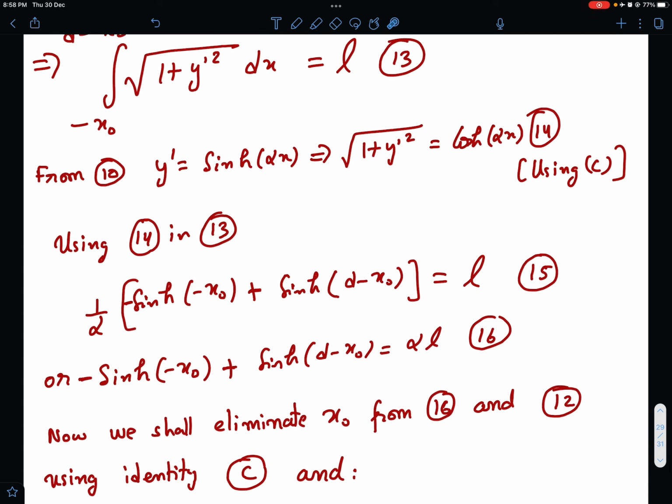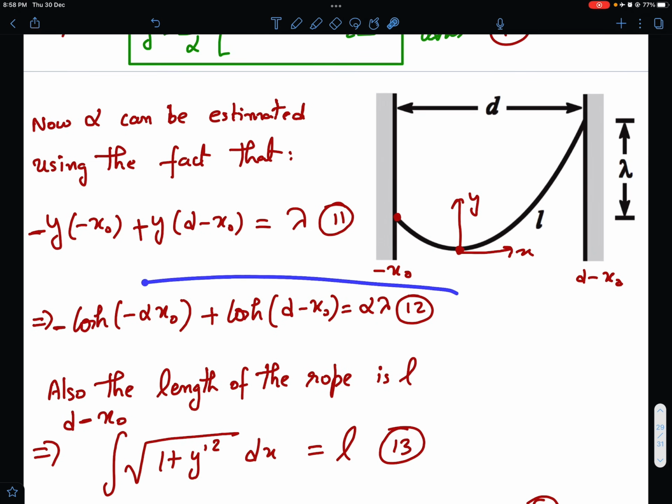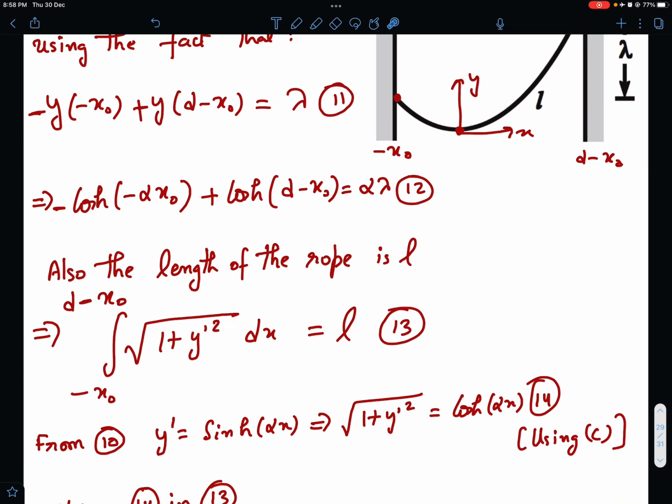Now I need to eliminate x naught. How do I do that? See, there is an x naught in equation 16 and there is also an x naught in equation 12. Equation 12 we got by subtracting this coordinate and this coordinate, and equating it to lambda.